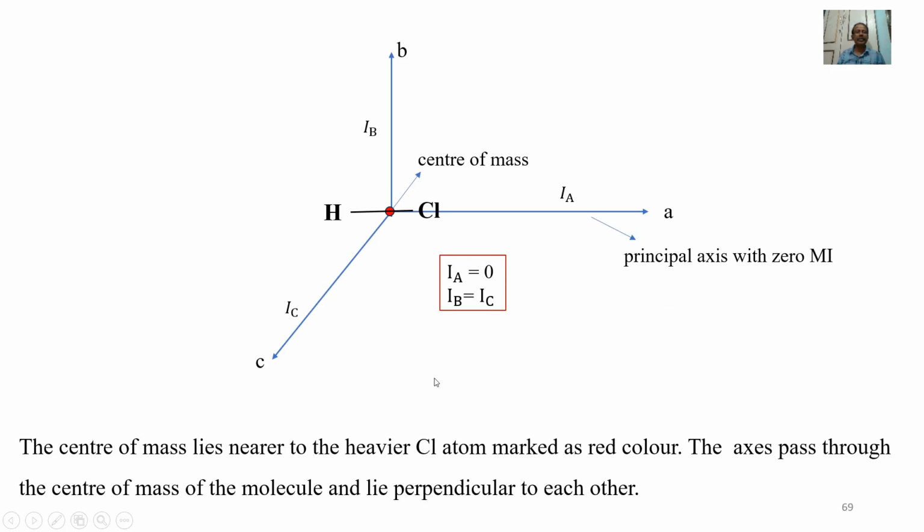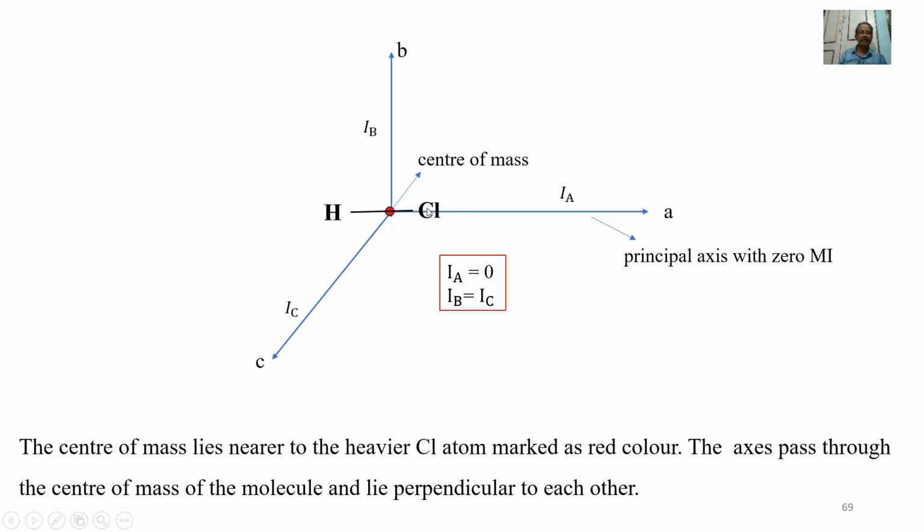And here is the picture of hydrogen chloride, and we have IA, which refers to the moment of inertia along A, IB, moment of inertia along B, IC, the moment of inertia along C. Now the mark given as red is the center of mass, which is closer to chlorine because it is heavier.